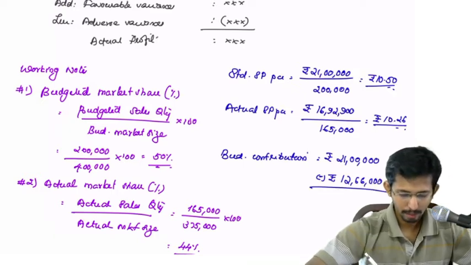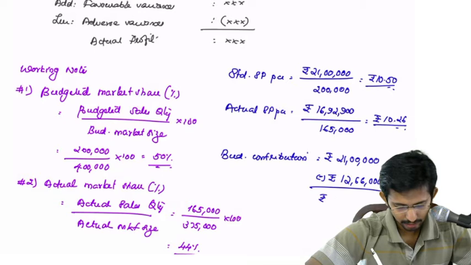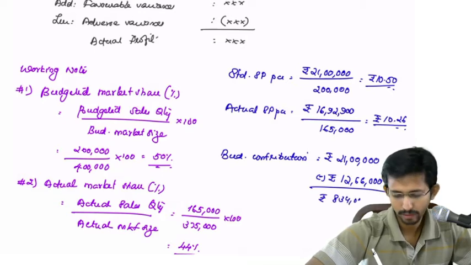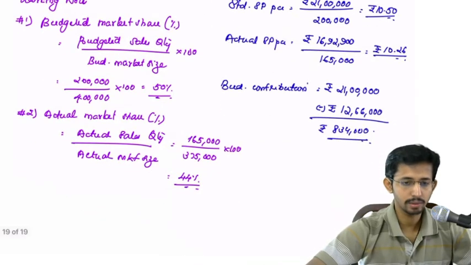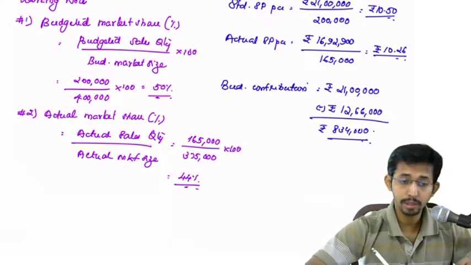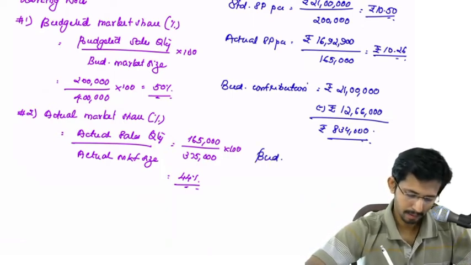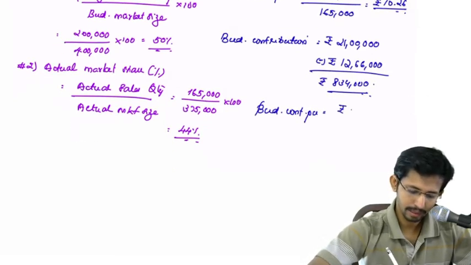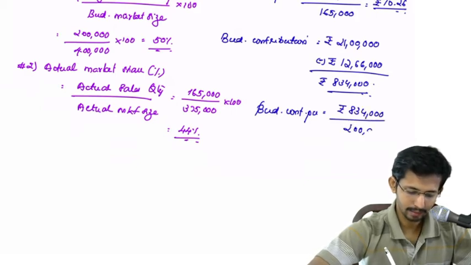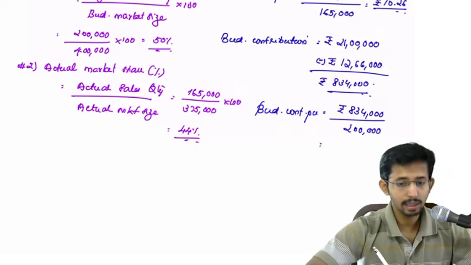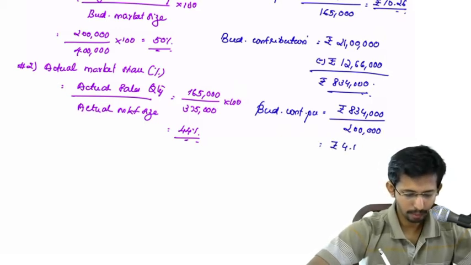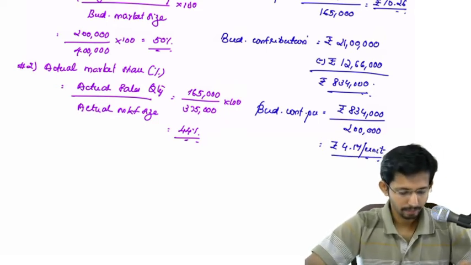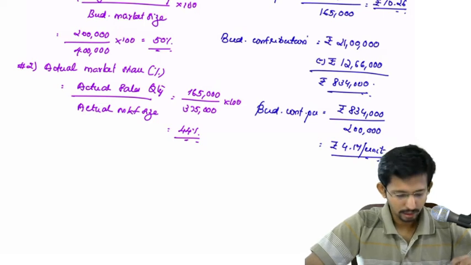So budgeted contribution is 8,34,000. So you can find out budgeted contribution per unit, which is 8,34,000 divided by 2 lakh. That is nothing but rupees 4.17 per unit. So that is budgeted contribution per unit.